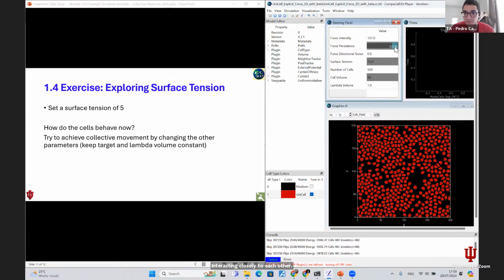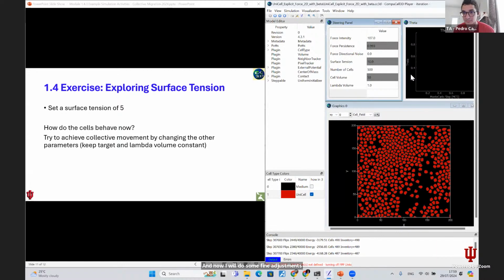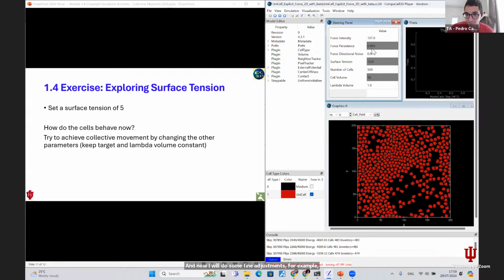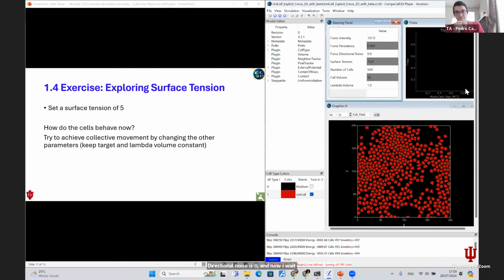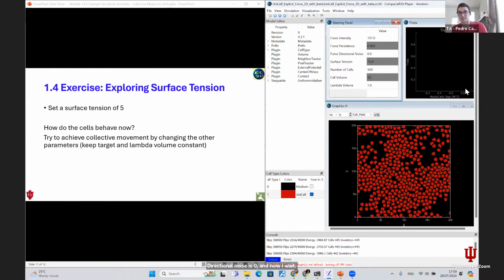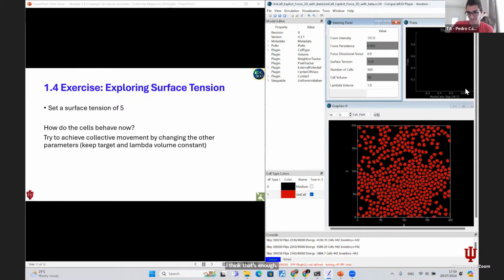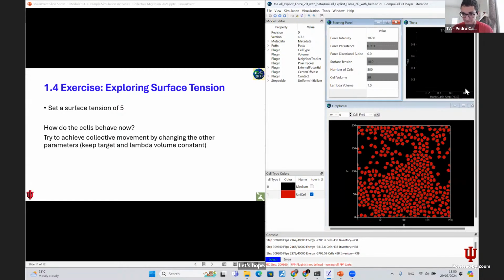And now I will do some fine adjustments, for example, increasing the force persistence a bit. Directional noise is 0, and now I wait. I think that's enough. Let's hope. So far, I don't see anything.